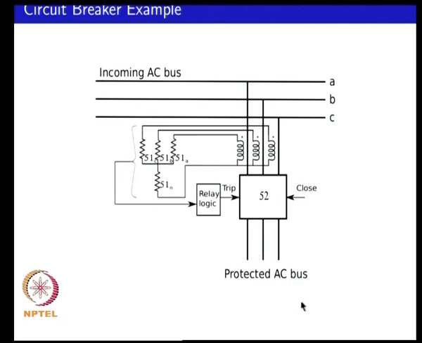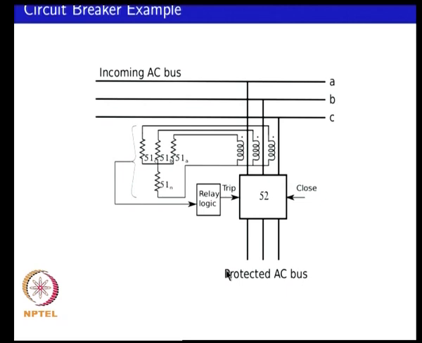So, you have a protected bus downstream of the circuit breaker, and say you want to implement a 3-phase breaker with overcurrent protection and also neutral overcurrent protection. Okay. So, you might have a neutral wire for which you want to prevent overcurrent. So, this is an example of this.